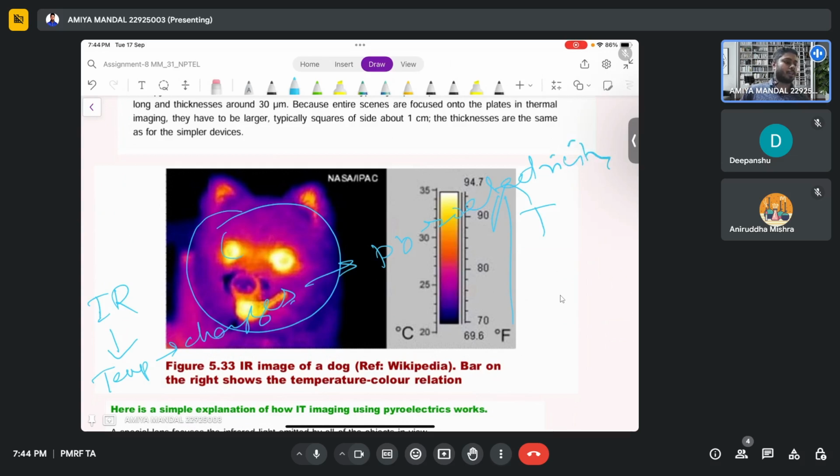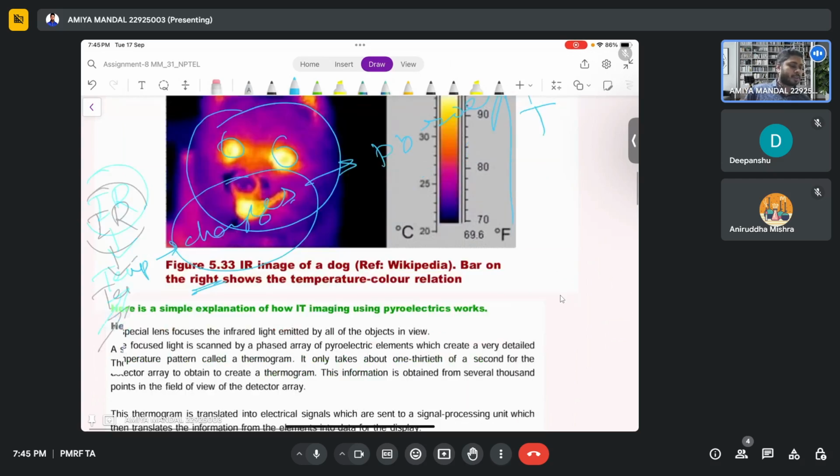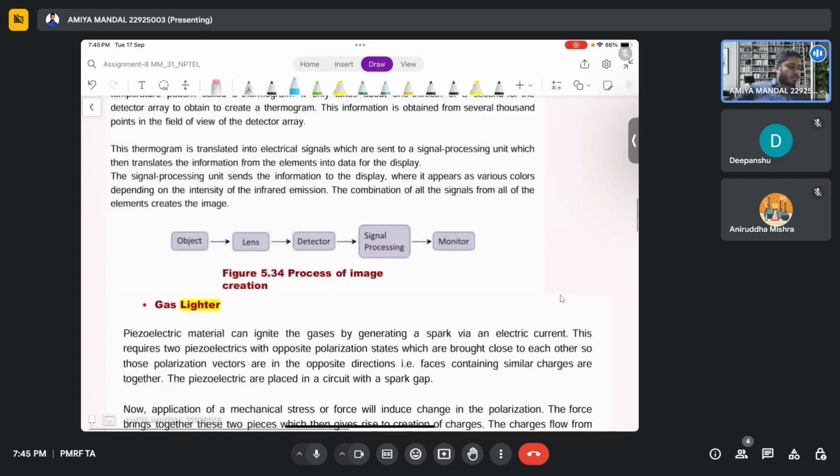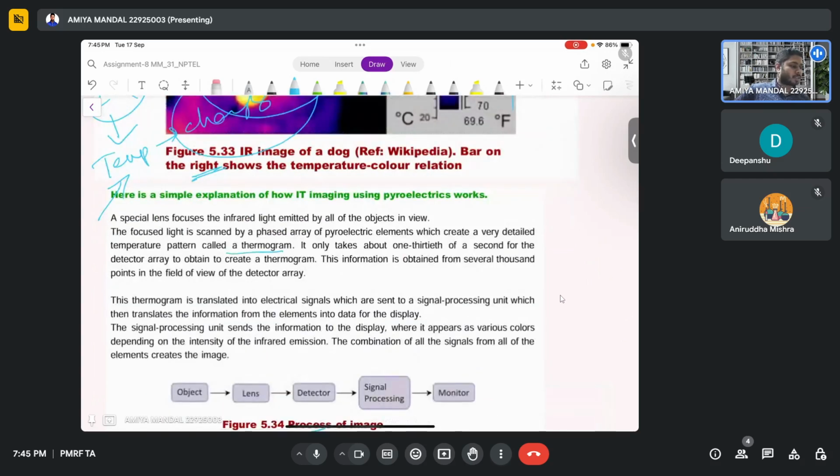This is how a dog's eye shows light, these types of lights, due to the generation of temperature, due to the generation of charge, due to the involvement of temperature from the infrared radiation. Okay, so how is image creation processed in a thermogram? Here is a thermogram.